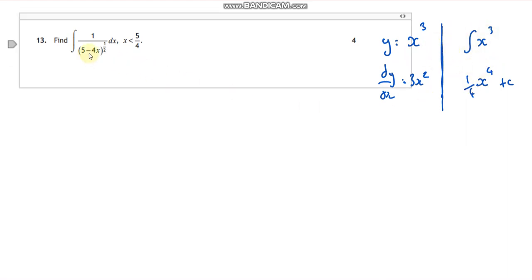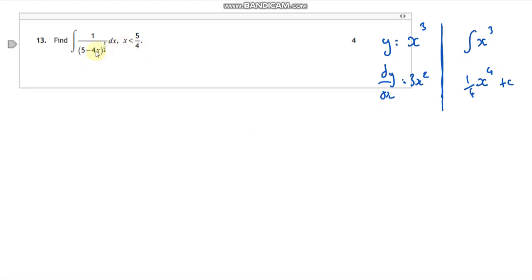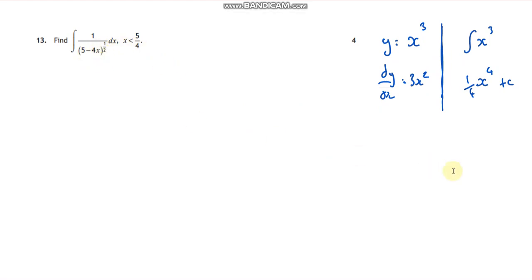Now, we've not got a straightforward integration here. We've got our further calculus because we've got our bracket. The minute you see a bracket with a normal power, say a squared or a cubed, you're welcome to multiply that out and then integrate each term individually.